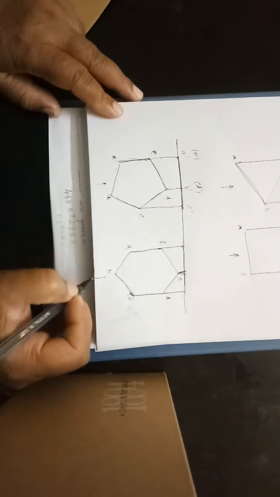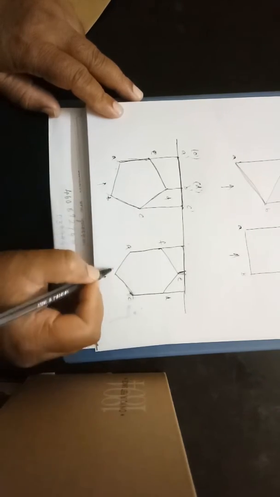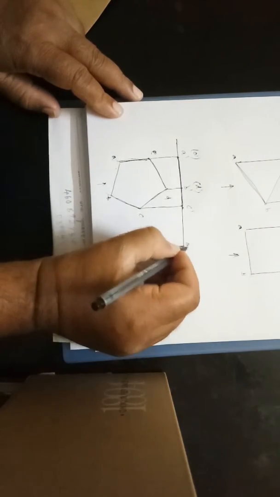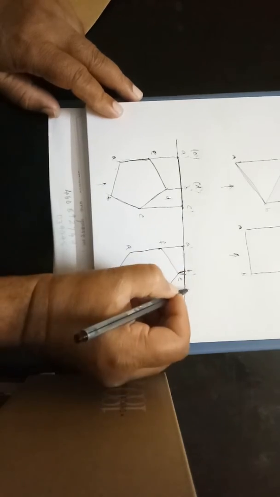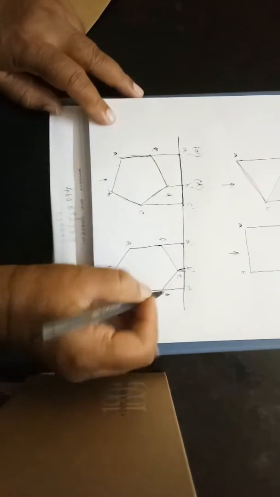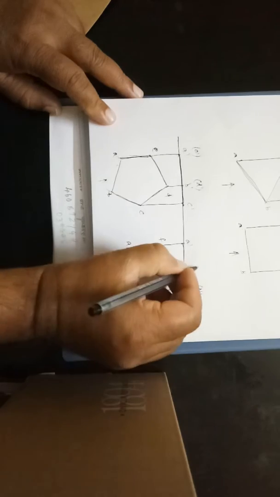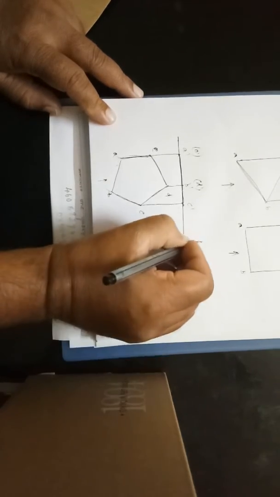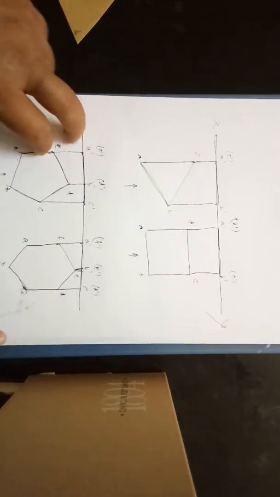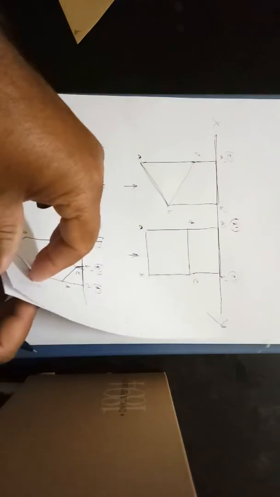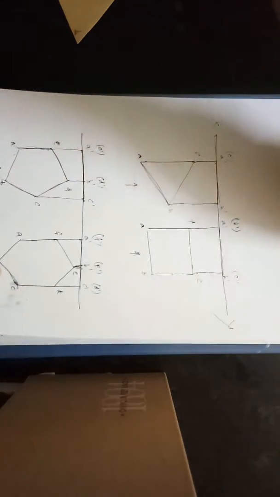If you look from here, the corners A, B and C are visible. Therefore A dash, B dash and C dash will be visible, and D dash, E dash and F dash will be invisible. This is the initial position of the lamina which is resting on HP on one of its sides or edges.